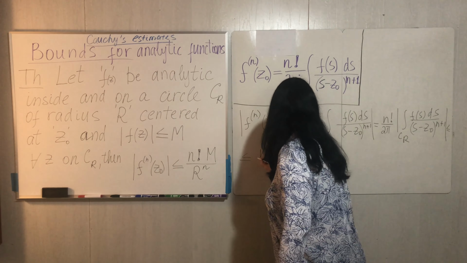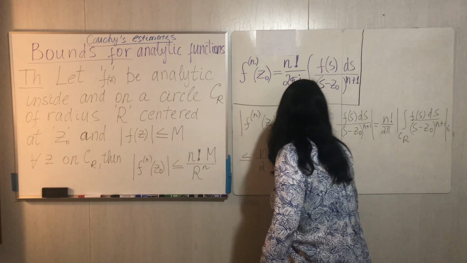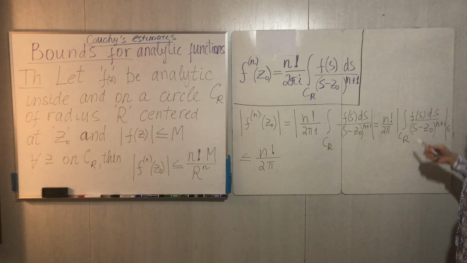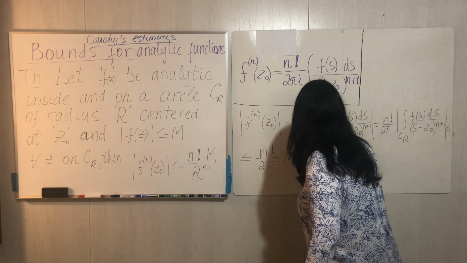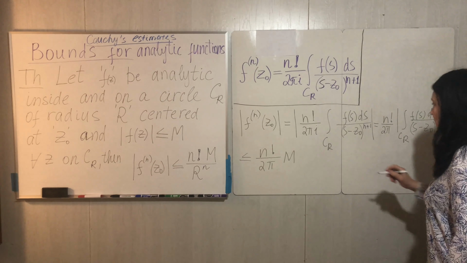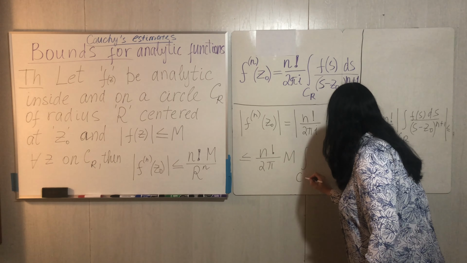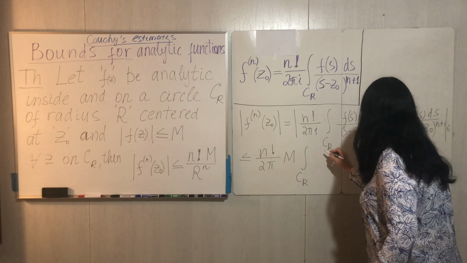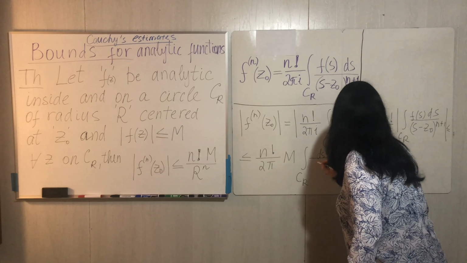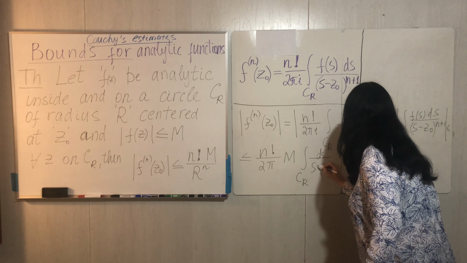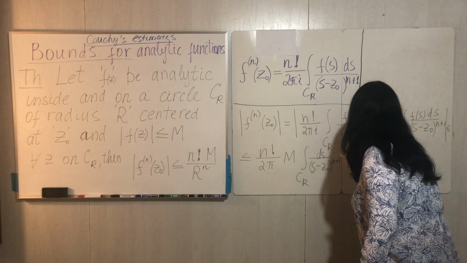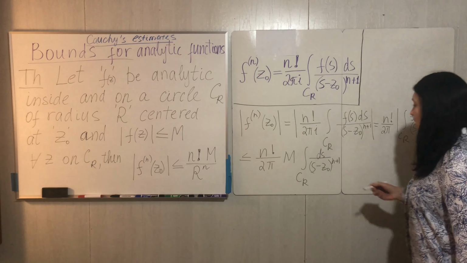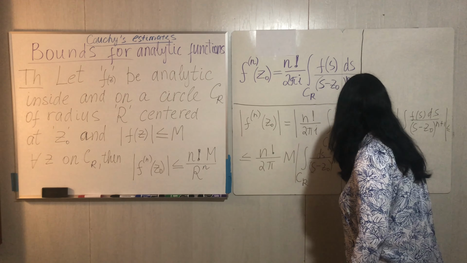n factorial over 2 pi, and instead of f of s we can pull out just M, so I put less or equal to, and then we have the integral along C_R of ds over s minus z sub 0 to the power n plus 1. We still can keep the modulus if we want to.